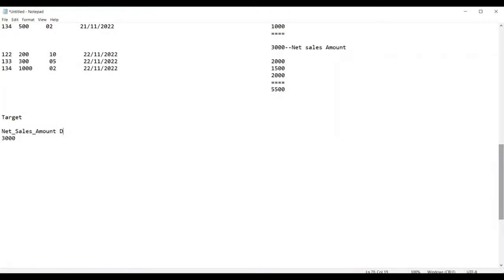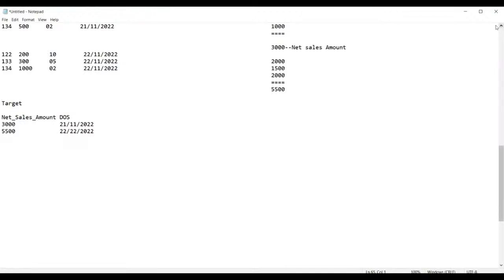And now for which date is it? So I'm declaring one more column here, that is date of sales. Date of sales, I'm using it as 21/11/2022. And then we have 5500, and it is on 22/11/2022. Now this particular thing is called the output. What have we done?